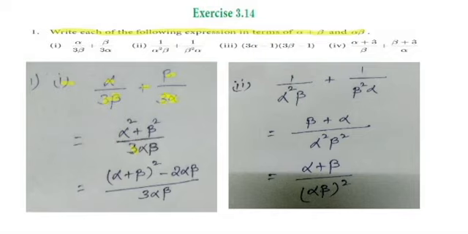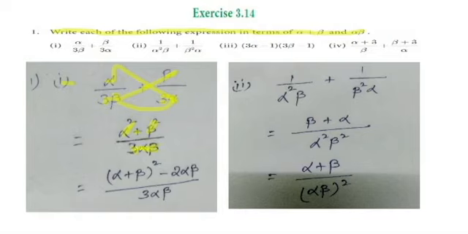Alpha into alpha becomes alpha square. Beta into beta becomes beta square. If you cross multiply, you need to multiply this alpha as well as this beta. It becomes alpha beta. So alpha square plus beta square divided by 3 alpha beta we will get.